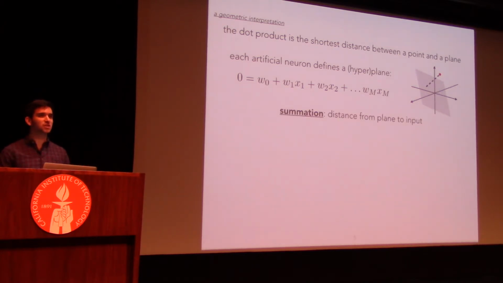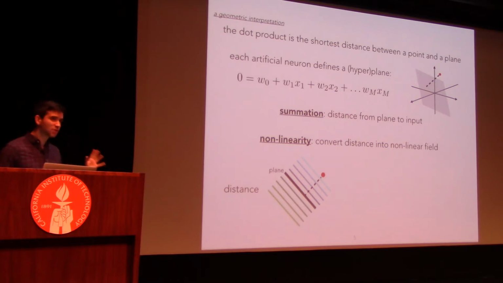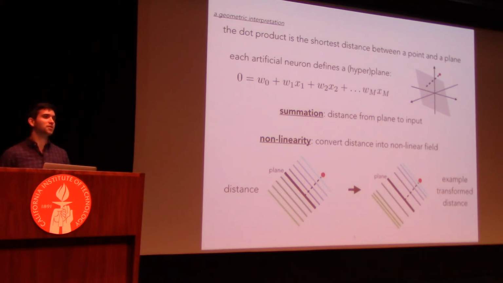The summation within the artificial neuron is that calculation of distance, and the nonlinearity is a way of transforming that distance into some other type of field. So if we're given this distance, we can transform it and end up with a more expressive function. And we can compose layers of these operations and get out some general nonlinear function.